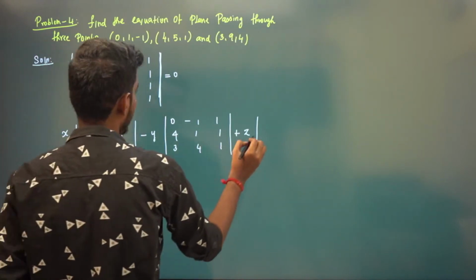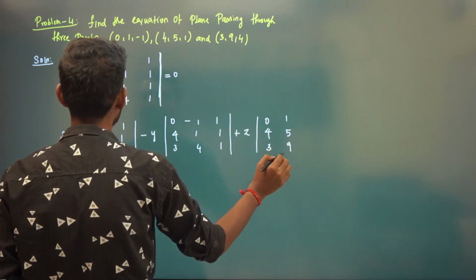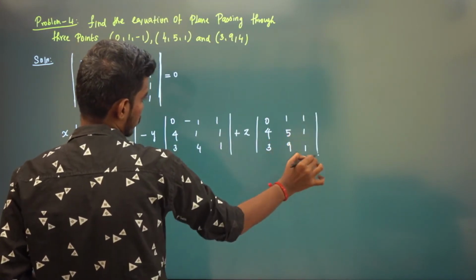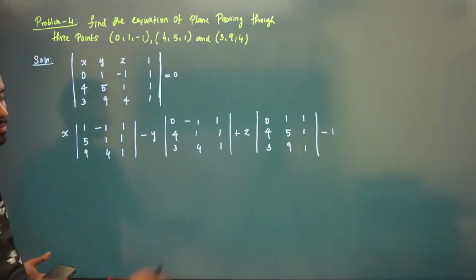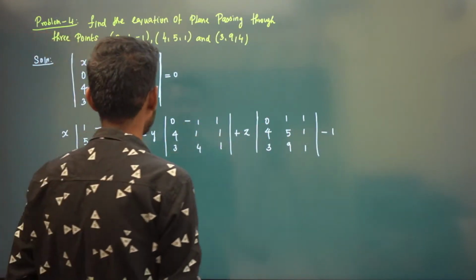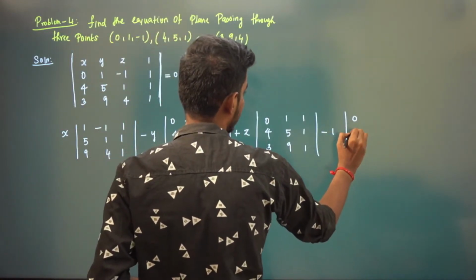So 0 4 3, 5 9, again minus plus minus plus minus. It has to alternate in expanding a determinant. So this column, this row, 0 4 3.